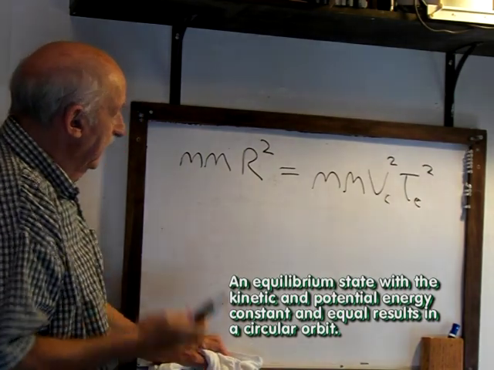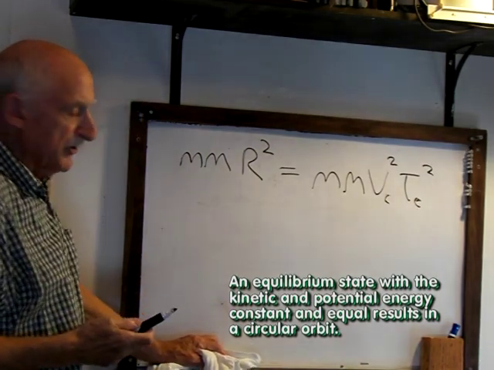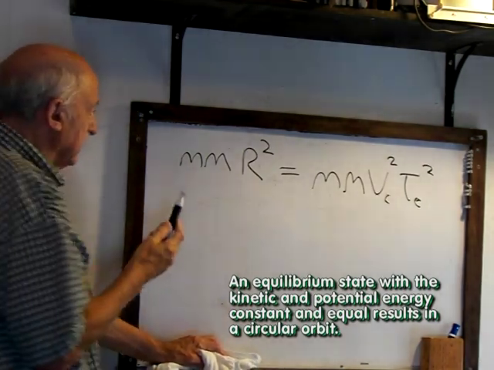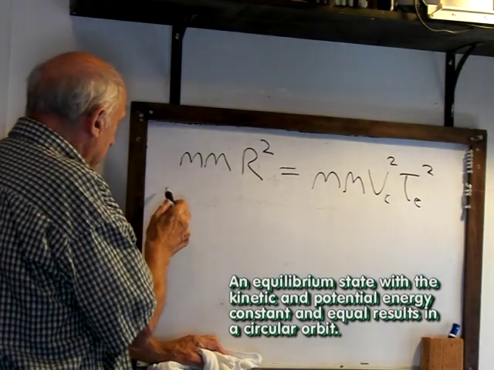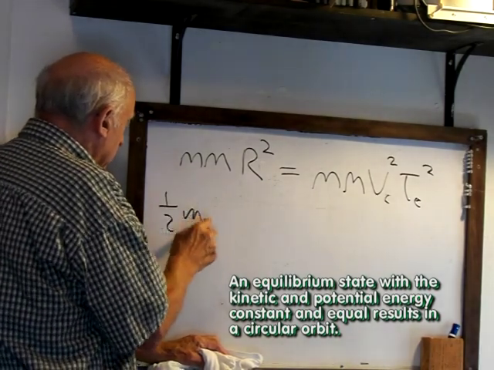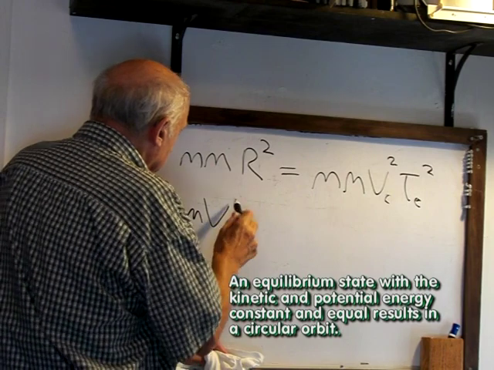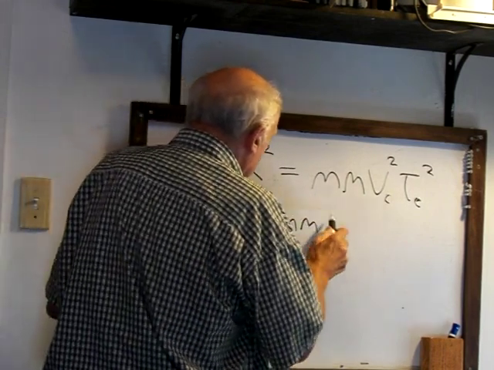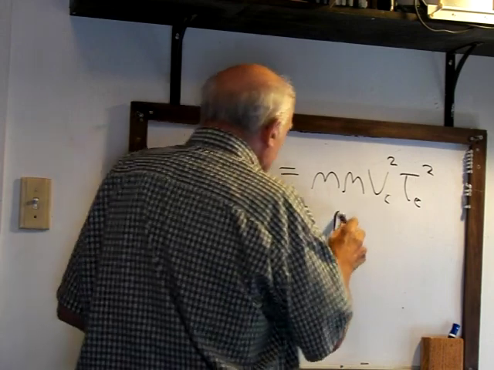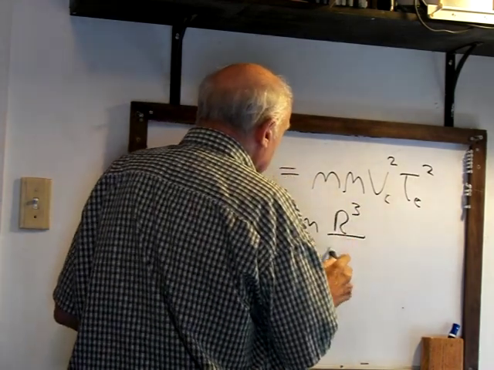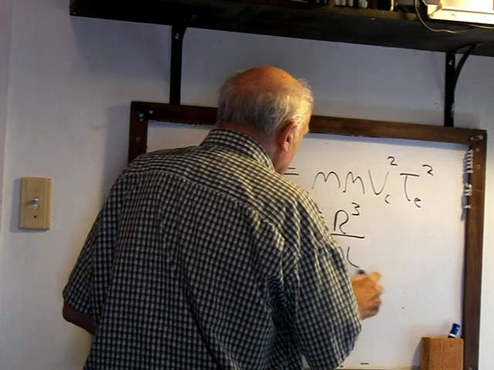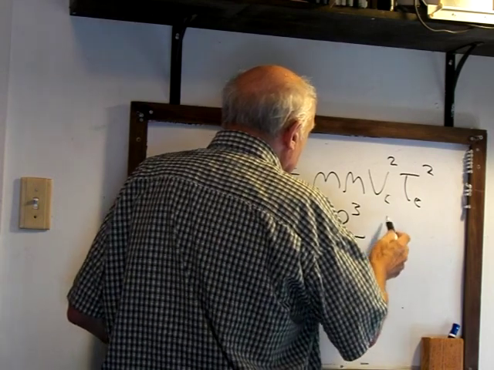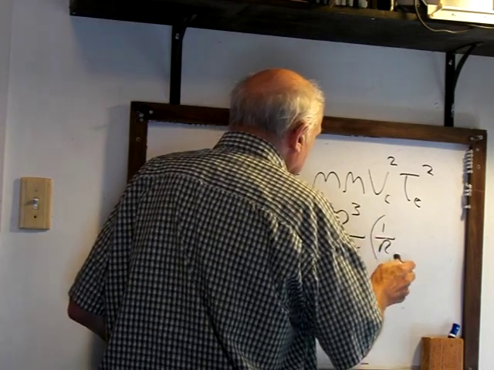And it looks as though I just made that up, but I didn't really, because if you look at it, you take half mv squared and say that that's equal to mMG, where G is r cubed divided by mass divided by T squared, times the reciprocal, or the difference between the radii.